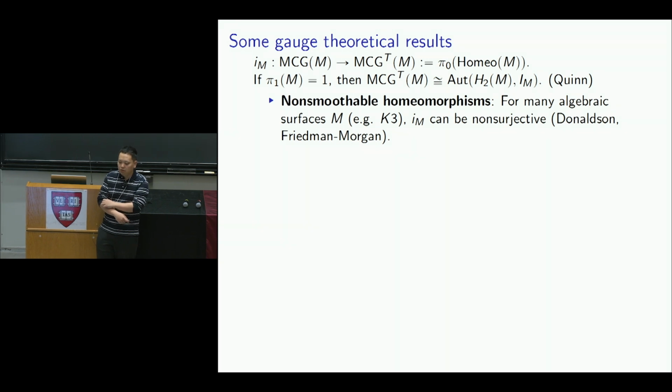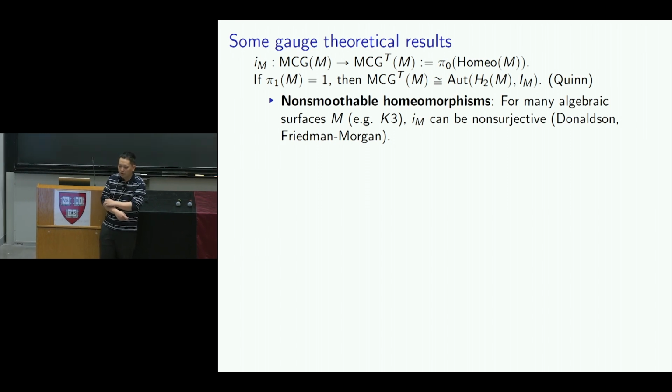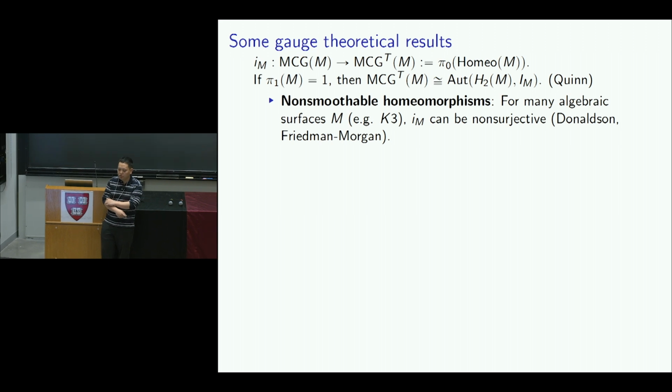I think one of the first results in this direction is given by Donaldson and Friedman-Morgan, stating that for many algebraic surfaces, this map can be non-surjective. That means there are some homeomorphisms on the manifold which cannot be smoothed, so they are not isotopic to a diffeomorphism.